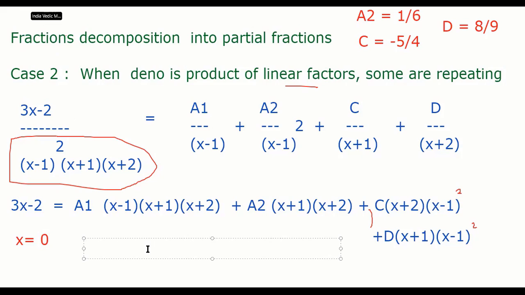So put x equal to 0, then 3x becomes 0, so -2 equals a1 dot, so 0 minus 1, dot 0 plus 1 is 1, 0 plus 2 is 2. That is for a, plus a2 (x plus 1), so 1, and this 2, plus c, let me put it here in the same line.